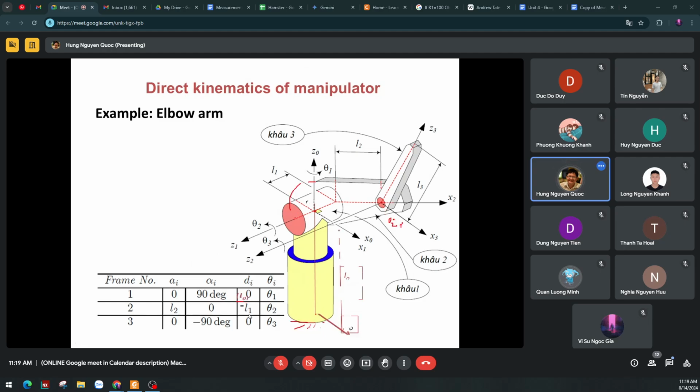L1, D1, the distance between O1 here and Z1 here.